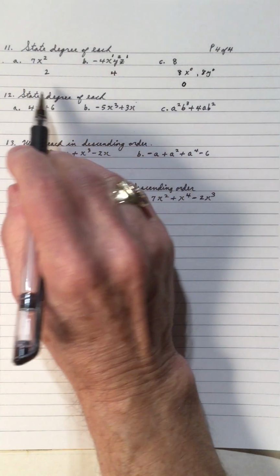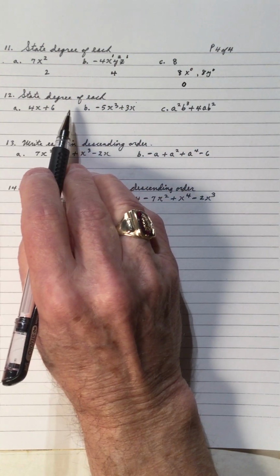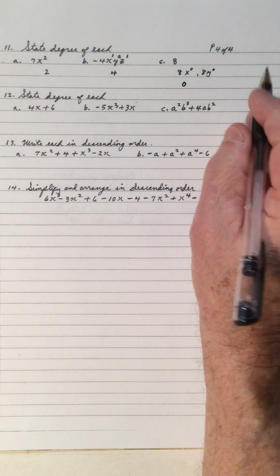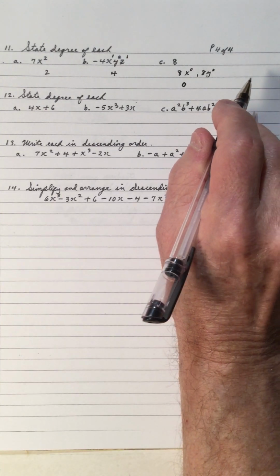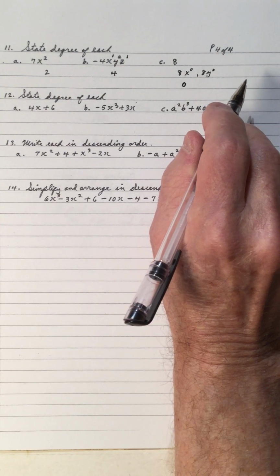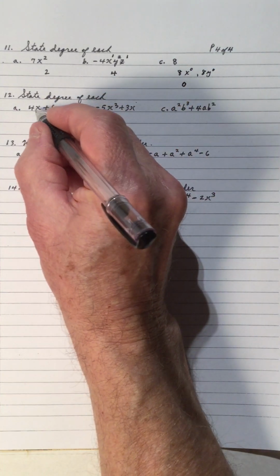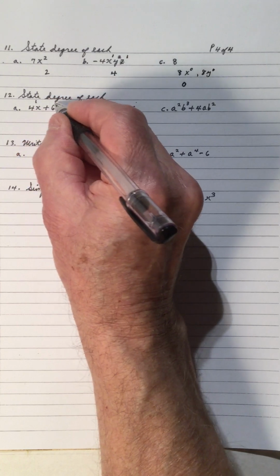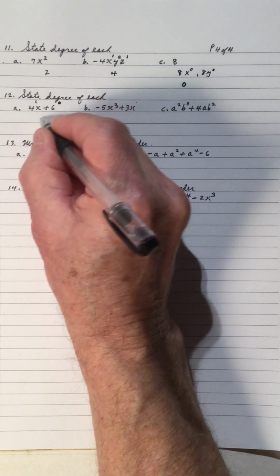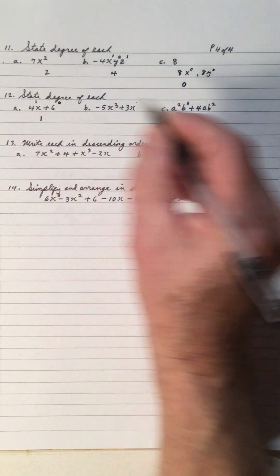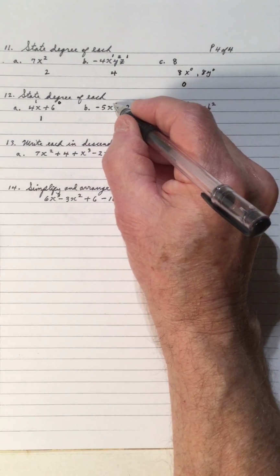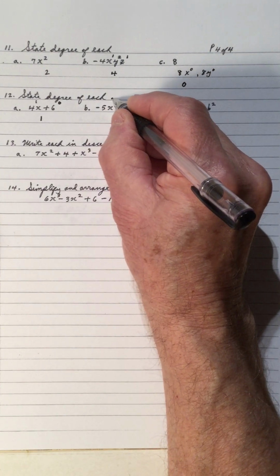Now that's for monomial. But binomials, trinomials, etc., we take the largest degree of any one term. So the degree of this one is a 1. The degree of this one is constant 0. So the degree of this binomial is 1. The degree of this term here is 3.